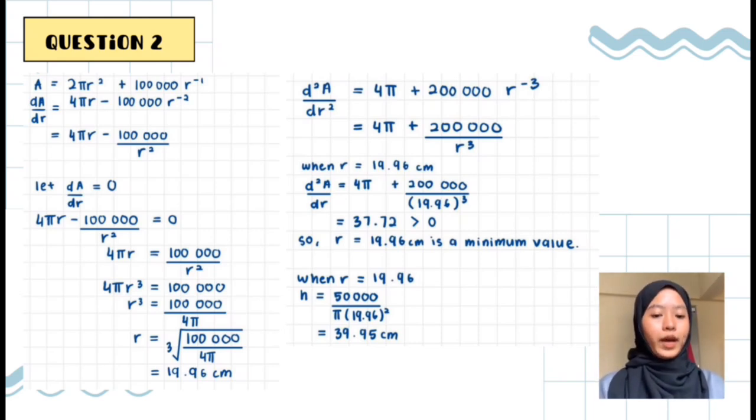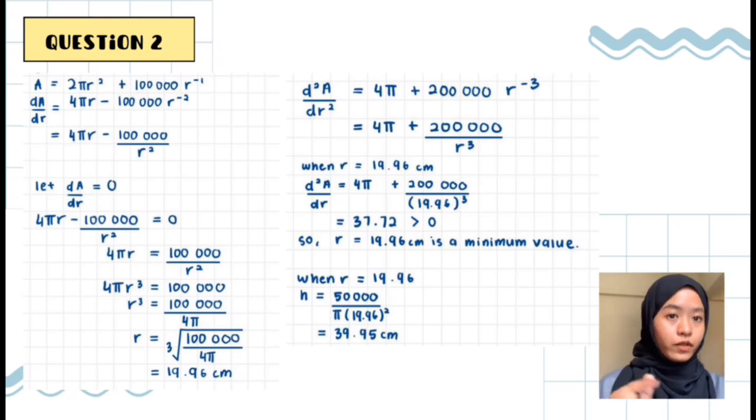Step 3, we do the second derivative of dA/dr. So we got 4π + 200,000/r³. Why 4π? Because the r already had its derivative taken, so the r is removed. Why plus? Because negative 2 multiplied by negative 100,000 becomes positive 200,000 over r cubed. Why cube? Because negative 2 minus 1 becomes negative 3.